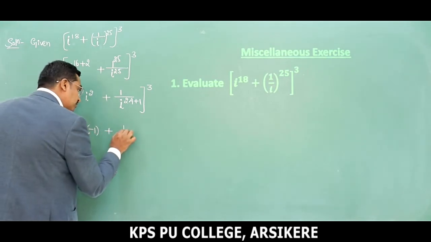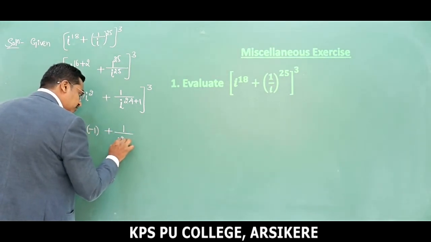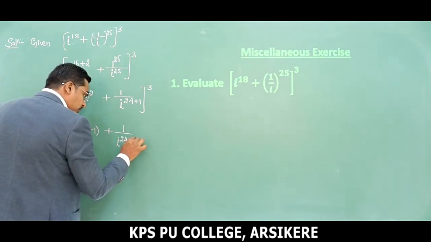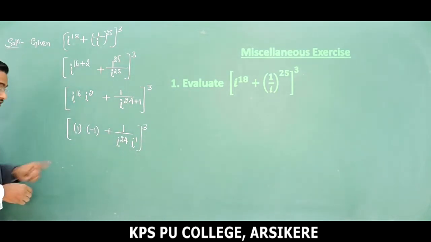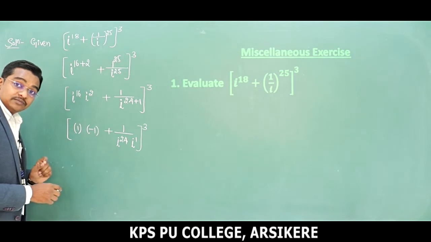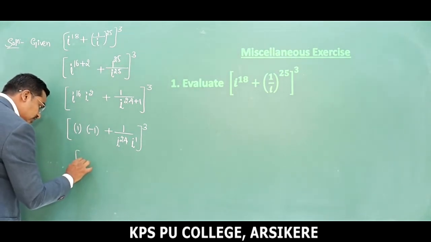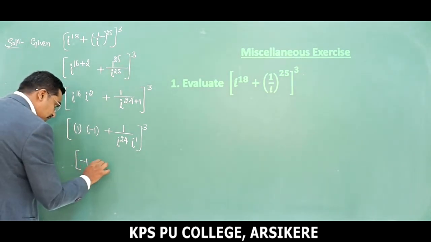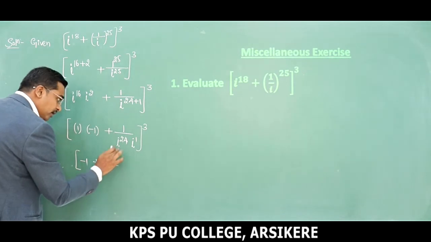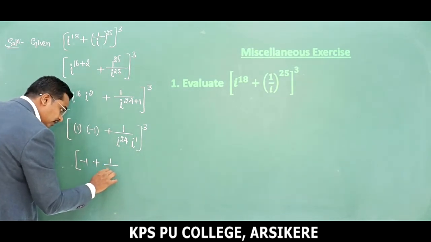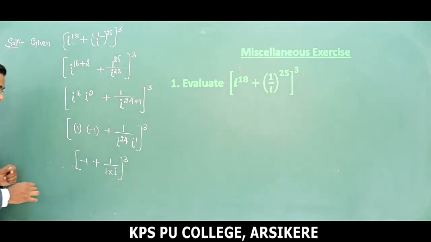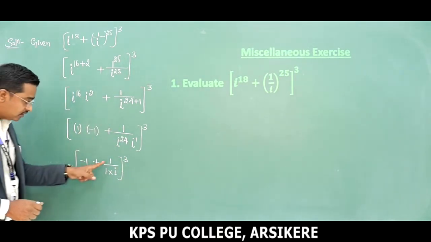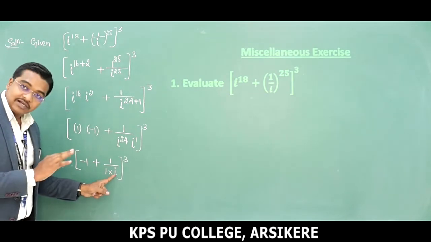So this can be written as 1 divided by i power 24 into i power 1, whole power 3. Sorry, plus into minus becomes minus, 1 into 1 is 1, so that becomes minus 1 plus 1 divided by i power 24, which is also 1, into i, whole power 3. Next, further simplification: 1 into i is i.